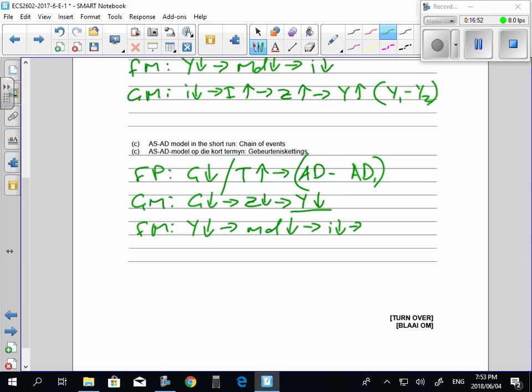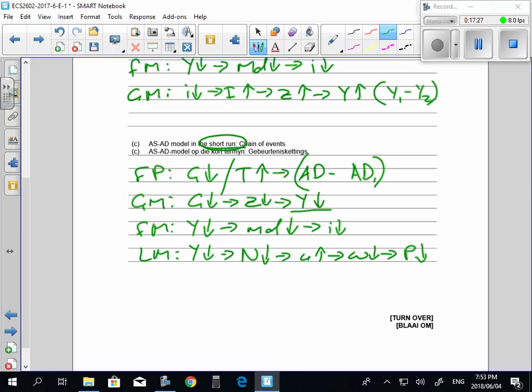Now in your labor market, a decrease in output and income decreases your employment, increases your unemployment, and bargaining power of workers decreases. They can only bargain for lower nominal wages. Firms will pay them lower nominal wages, and they are therefore able to decrease the prices of their goods and services.